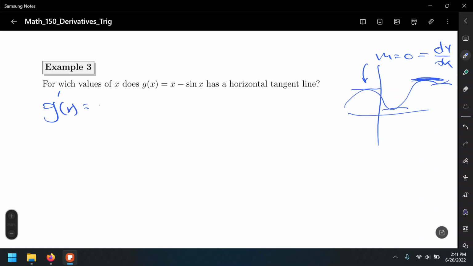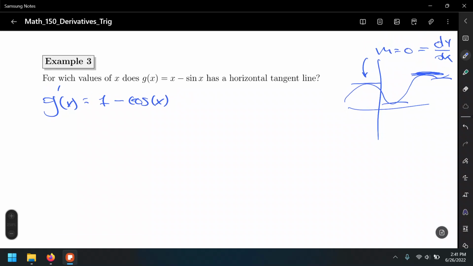g prime is the derivative of x, which is 1, minus the derivative of sine, which is cosine x. And in this case, we need to set the derivative, 1 minus cosine of x, equal to 0, and solve this trigonometric equation. So let's subtract 1 from both sides.